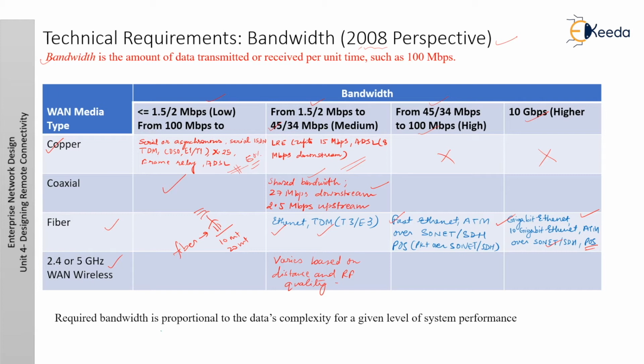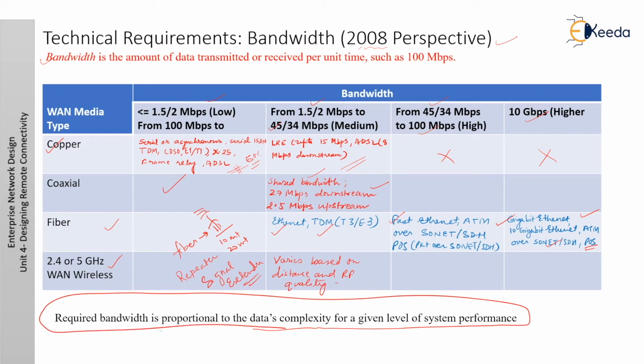We need to forward this signal to the first floor, second floor, and so on. For this purpose we need wireless repeaters or signal extenders. This is very common nowadays. The required bandwidth is proportional to the data's complexity for a given level of system performance. You must remember this thing.